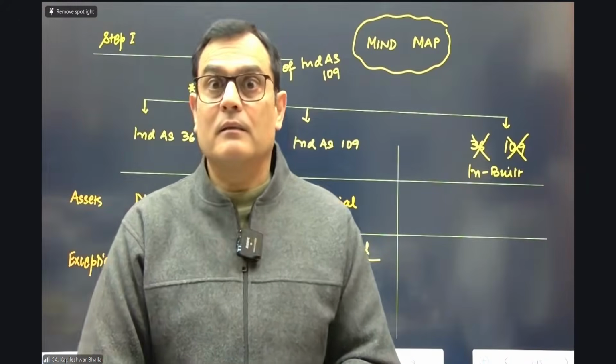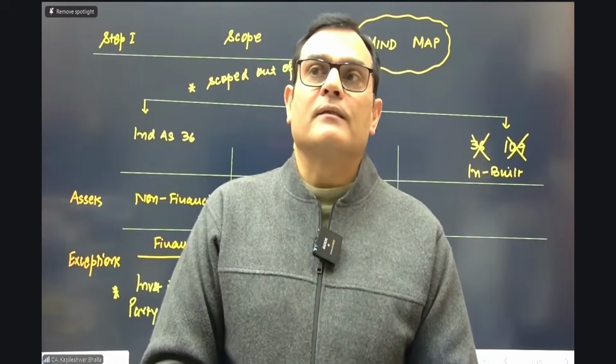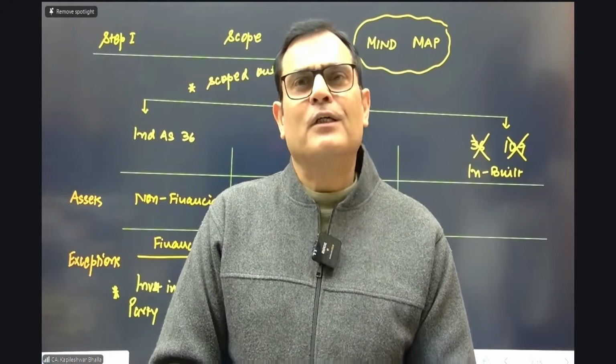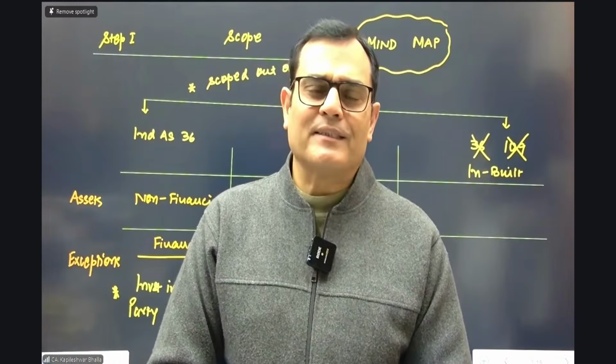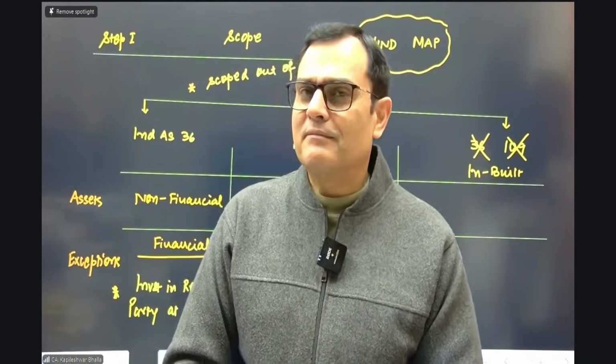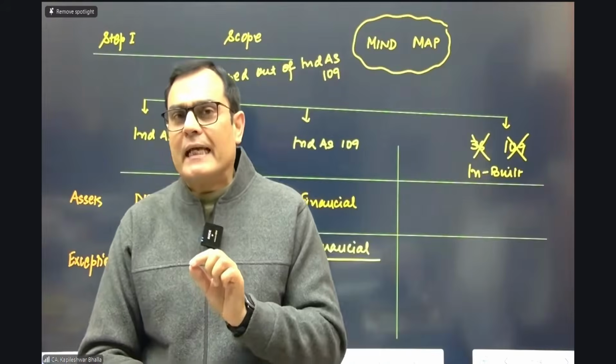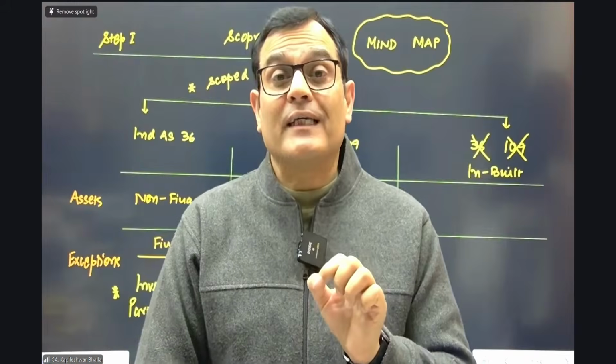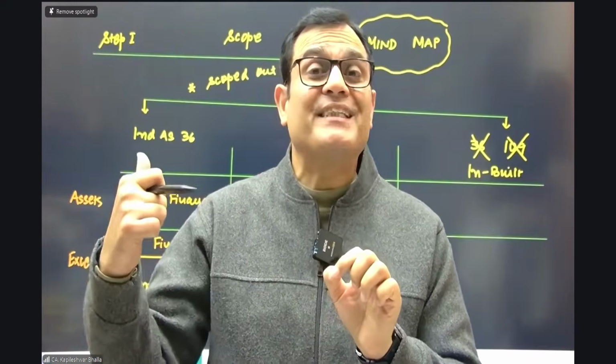Loan on demand, no. There is no concept of putting that loan on demand in terms of this standard. Loan on demand is in any case a financial asset, and that would in any case get covered under 109. We're looking at non-financial covered under 109 because non-financial are covered under 36.